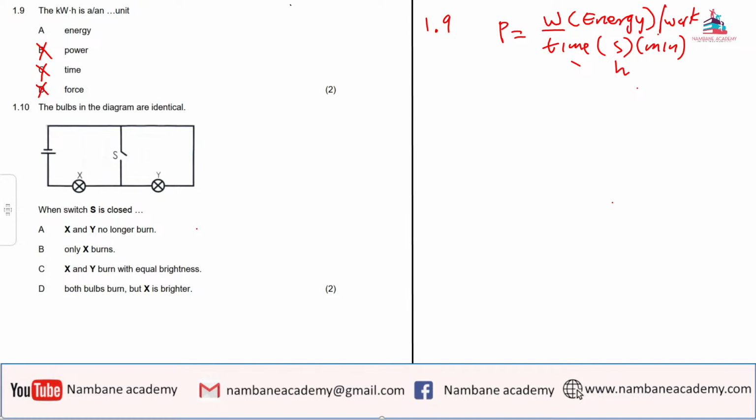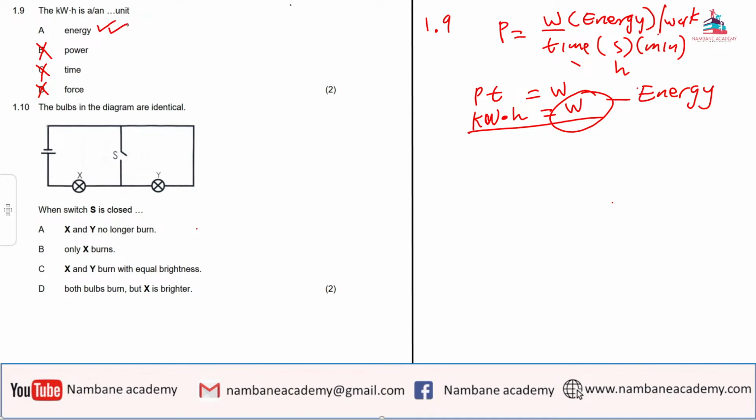Because if I want W, it is going to be W is equal to PT. And what is PT? It is kW multiplied by time. This will give us W, and W is known as energy. So the correct answer here should be A.